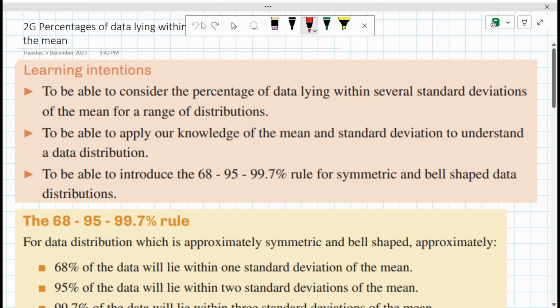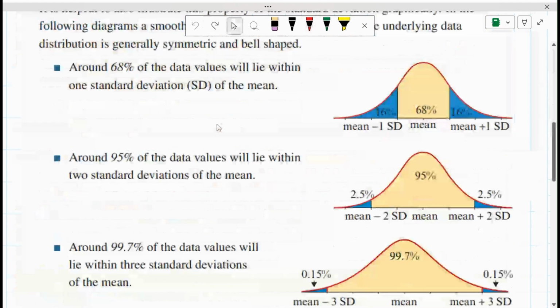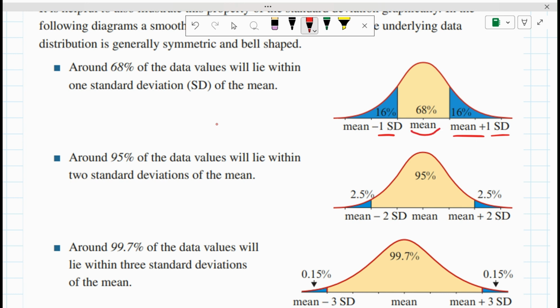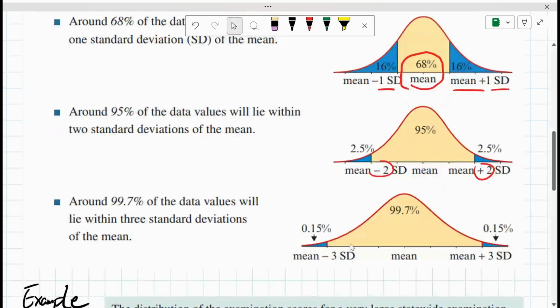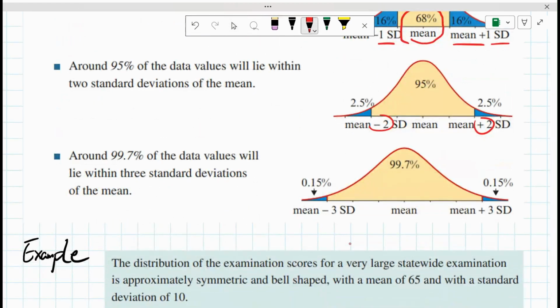The 68% of the data will be within one standard deviation: the mean minus one standard deviation, the mean plus one standard deviation on the other side, and the mean in between. And two standard deviations is the mean minus 2 and the mean plus 2. And 99.7% of the data will be within plus or minus 3.